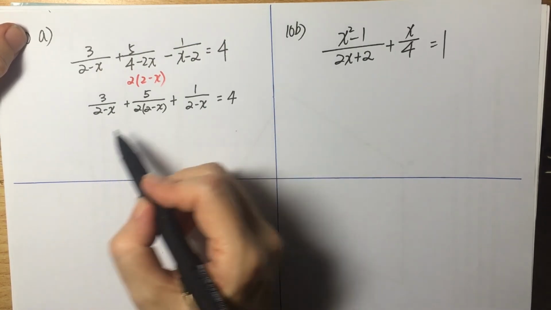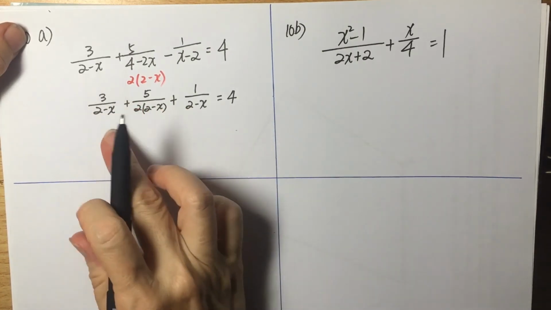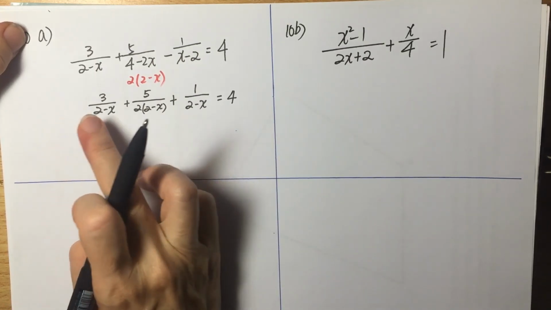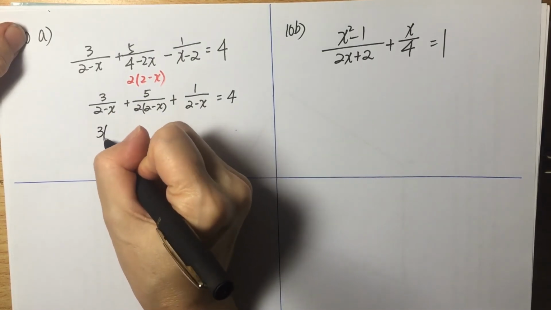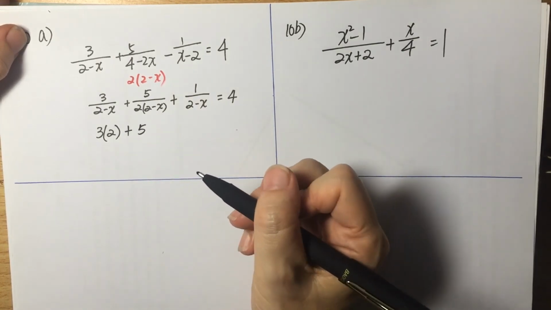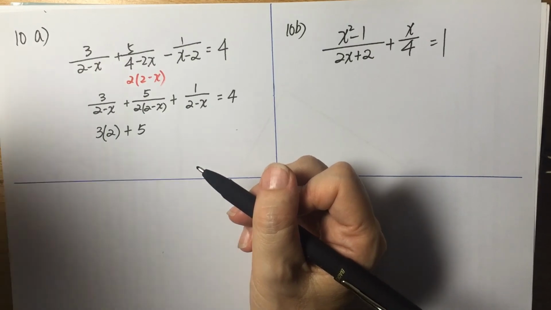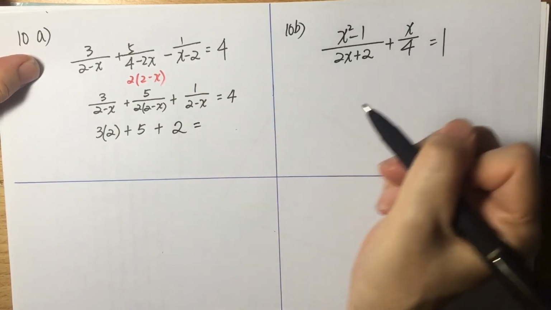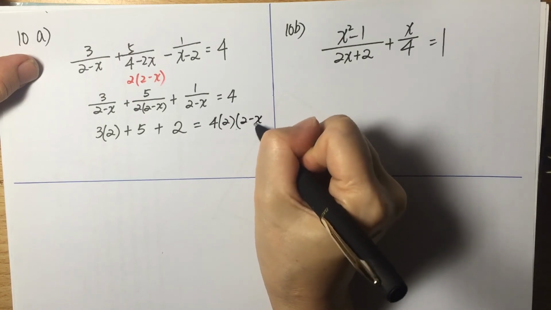So when 2 times 2 minus x is multiplied to both sides, there are 3 terms here, so you use the distributive law. The 2 times 2 minus x will be multiplied to every single term here. So here you're going to have 3 times 2. And then the next one is just 5 because there's nothing to multiply. And the next one is going to be a 2. And on the other side, you're going to have 4 times 2 times 2 minus x.